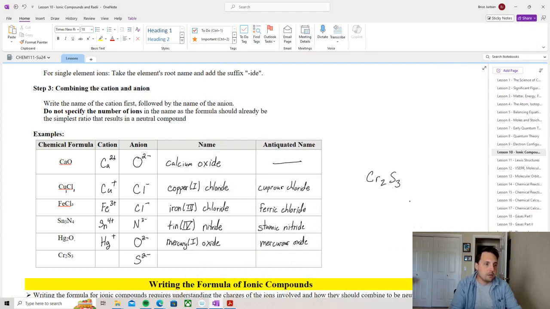So we can take the subscript of sulfur, which is 3, multiply it by the charge on sulfur, which is 2. That gives us 6. And then we can divide by the subscript on the metal, which is 2, to find that this has to be a +3 charge. Or we could just simply cross the subscripts to become the superscripts.